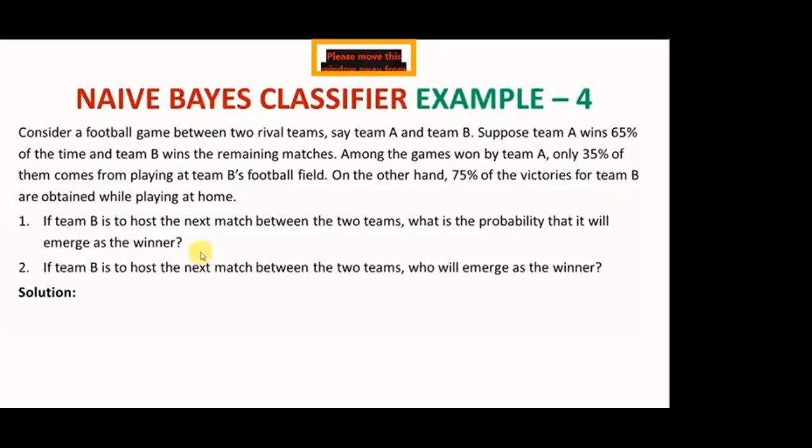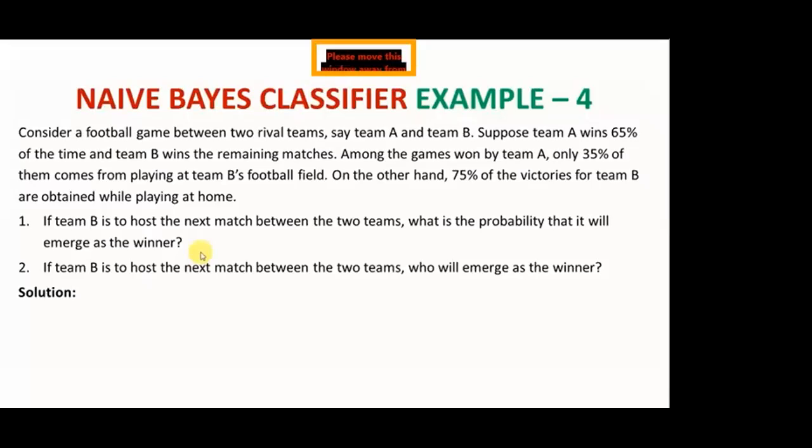The second question is, if team B has hosted the next match, who will emerge as the winner? See, the first question and second question are different. The first question is, what is the probability of team B winning the match? The next question is, two teams are there, who will win the match? Both are different questions.